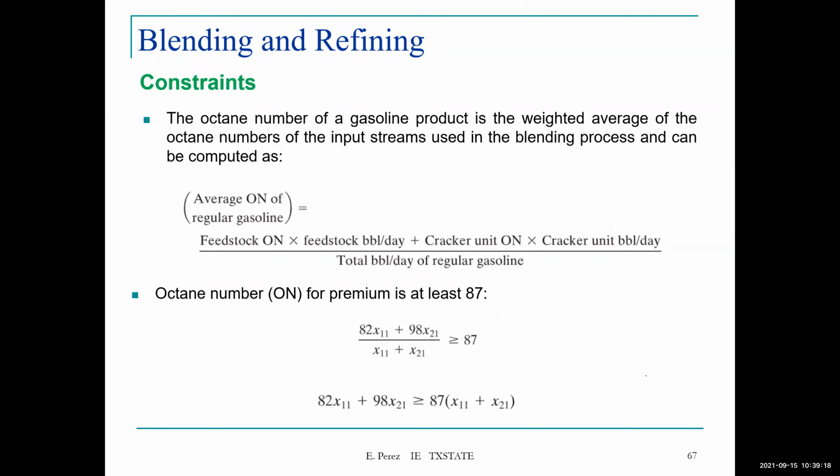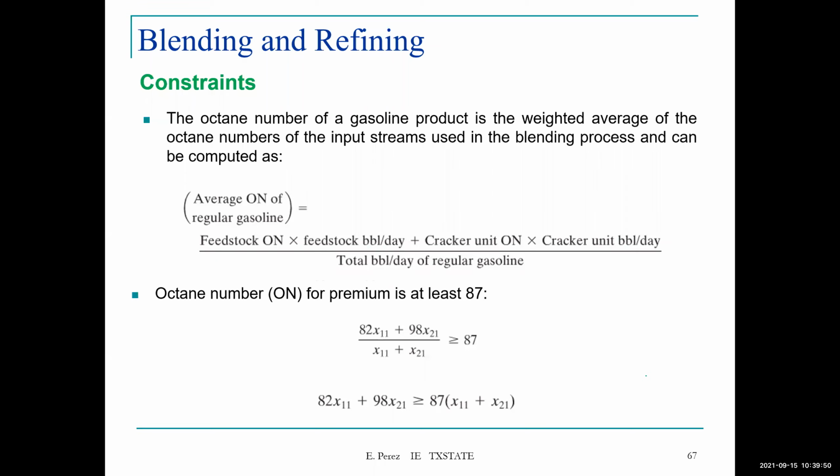This is the feedstock ON 82 times the feedstock barrels a day, X11 represents that. Cracker unit ON 98 times the cracker unit barrels a day, X21. And this is making sure that this ON for regular is at least 87. So the summation of these two is the total.